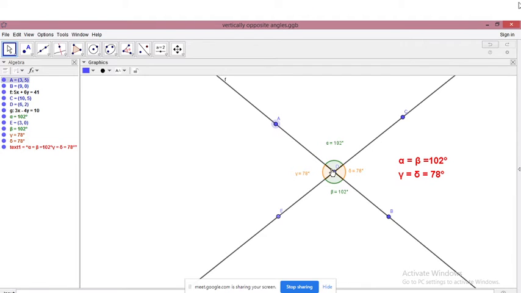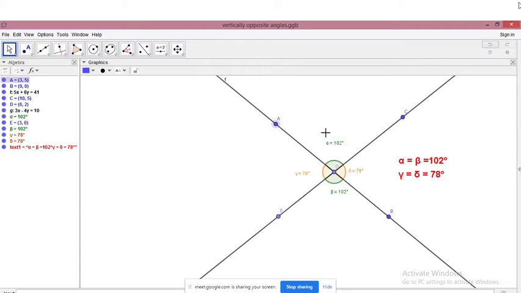To make it easy, I just named it angle alpha. Alpha and beta are Greek symbols we use, like ABC. So tell me the measure of angle alpha. 102 degrees.